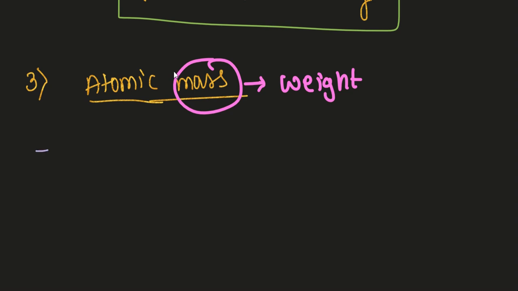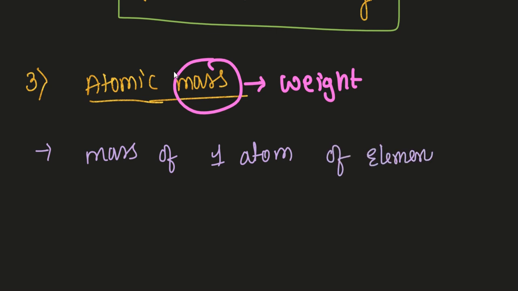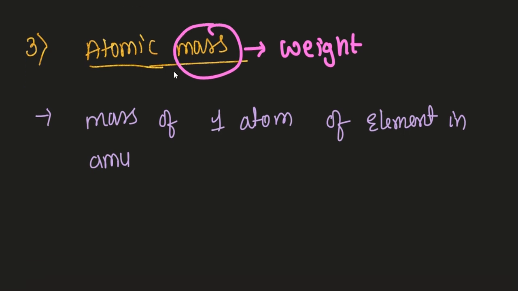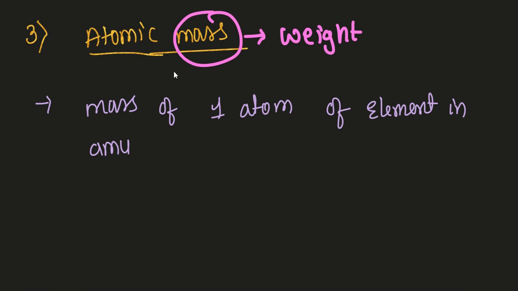So let us try to understand the definition here. The definition is the mass of one atom of an element in AMU.